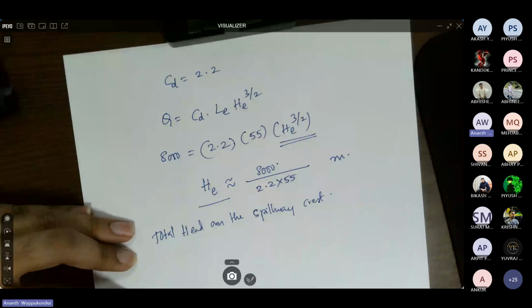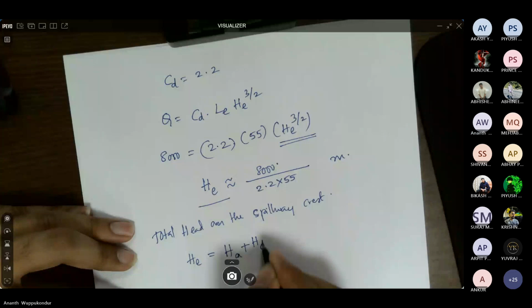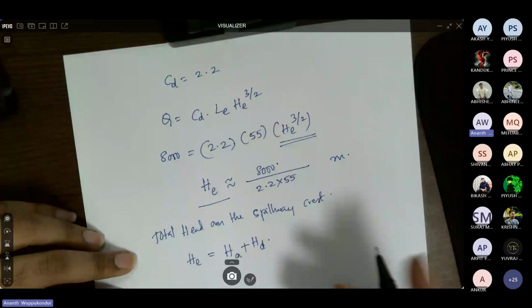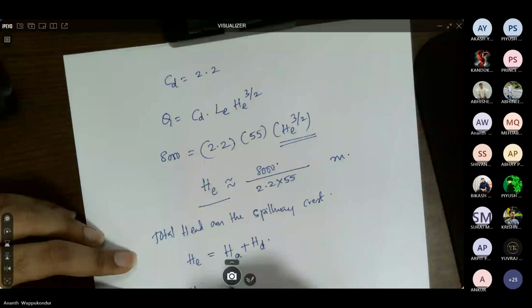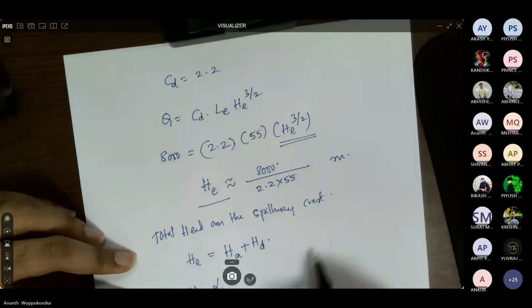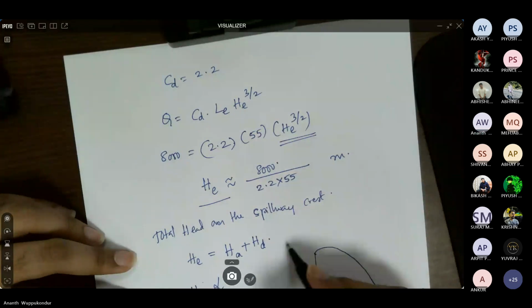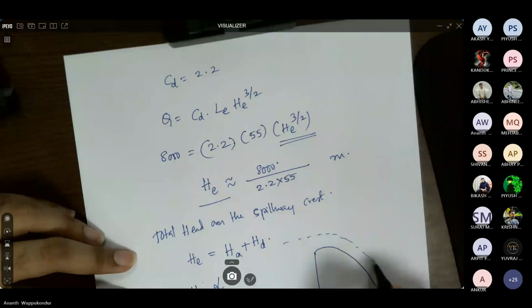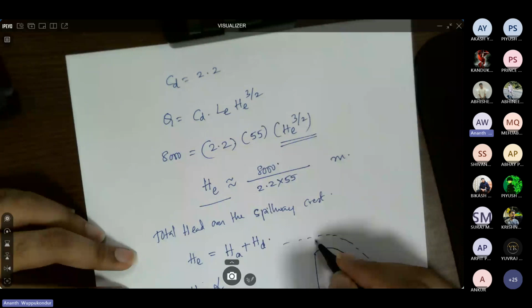And HE is the sum of HA plus HD. Now HA usually is a function of the depth on top of the spillway. So if you have a spillway, then HA would be a function of this depth.